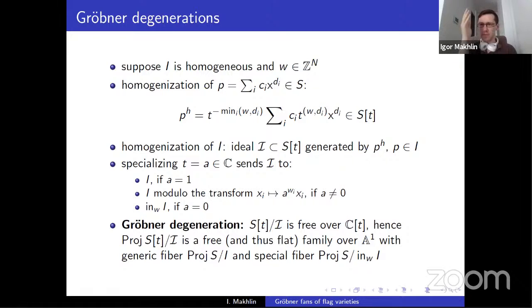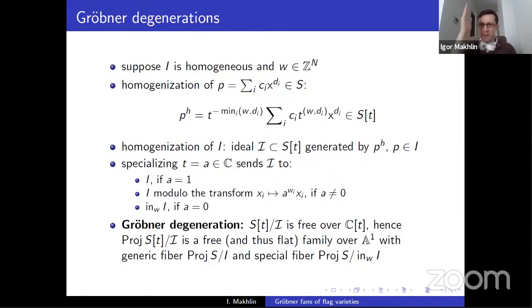So what you have is a flat family where all the non-zero spots, the generic fibers, meaning all fibers except the zero fiber, are S modulo I, and the special fiber, the zero fiber, is S modulo the initial ideal. So you can look at this sort of geometrically. You will have this flat family over the affine line.